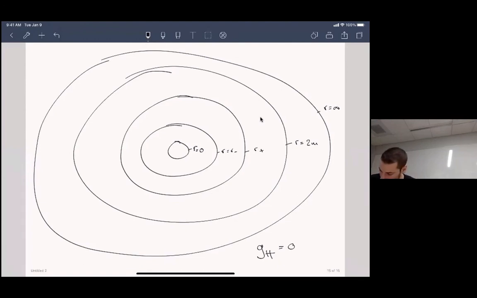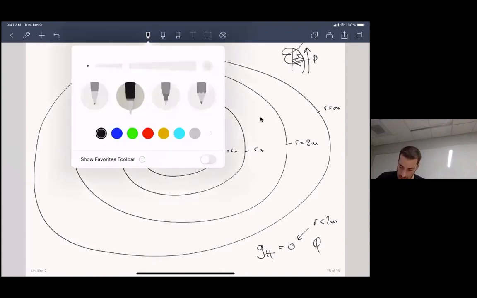So in particular, past r equals 2m, the azimuthal angle, which is remember this angle, is monotonic in any trajectory. Any time-like observer that's hovering around the black hole is going to be co-rotating with the black hole as soon as they pass r equals 2m. And you can delineate where this surface lies. How does it depend on a, for instance? And it turns out to look like this.